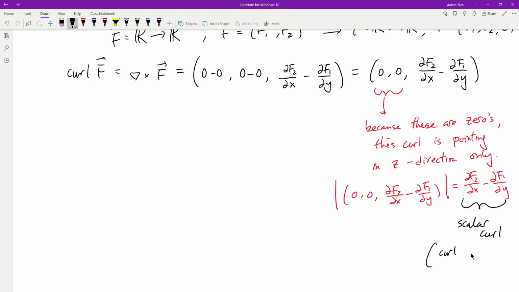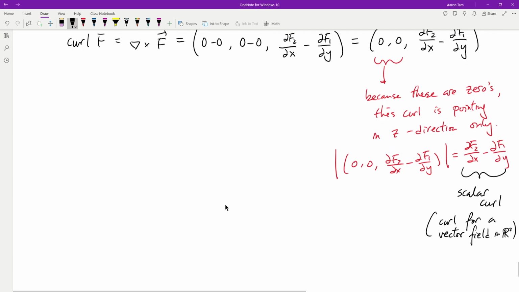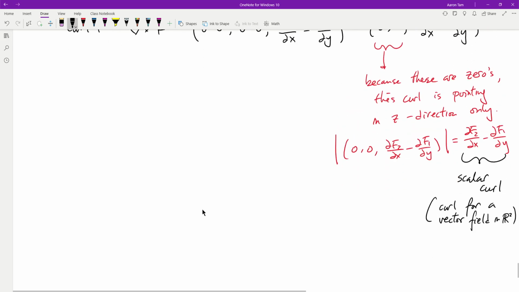Meaning it's a curl for a vector field in R2. That actually is what the video from the YouTube channel 3Blue1Brown is showing. It's showing a two-dimensional curl, which is basically a scalar curl.